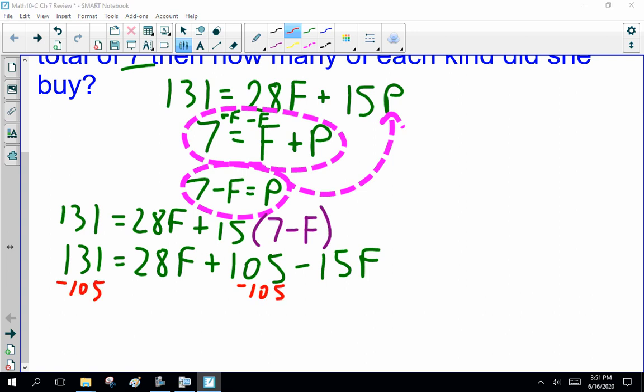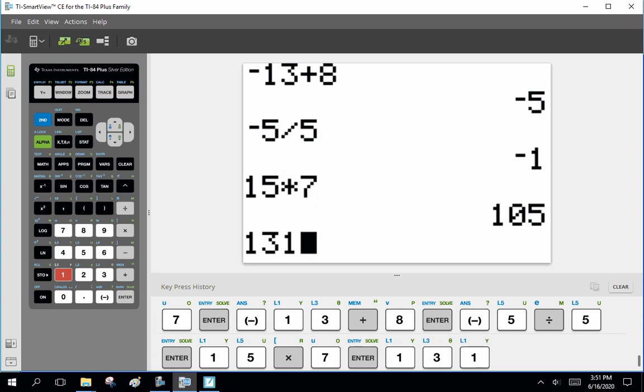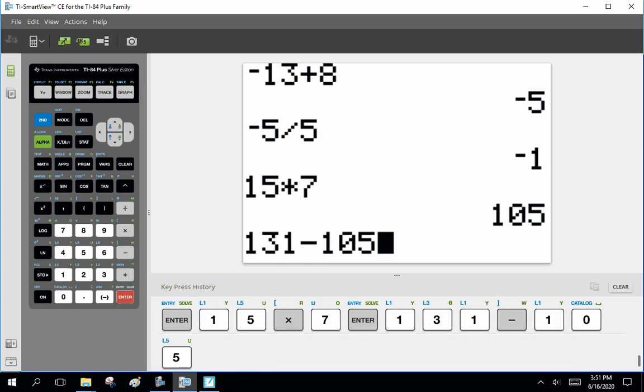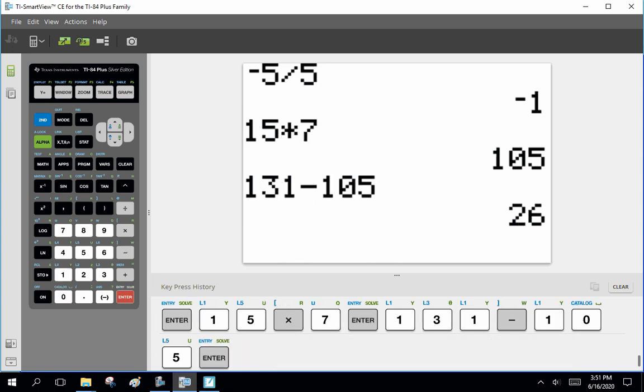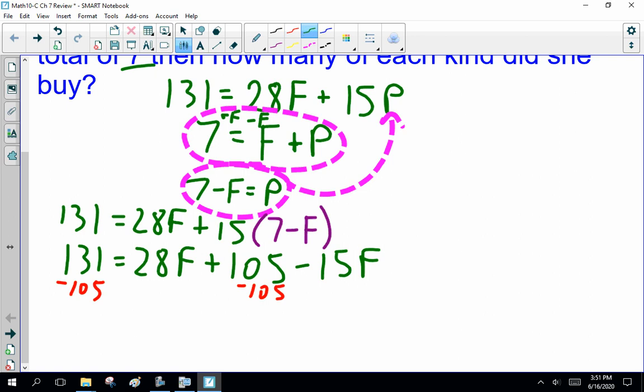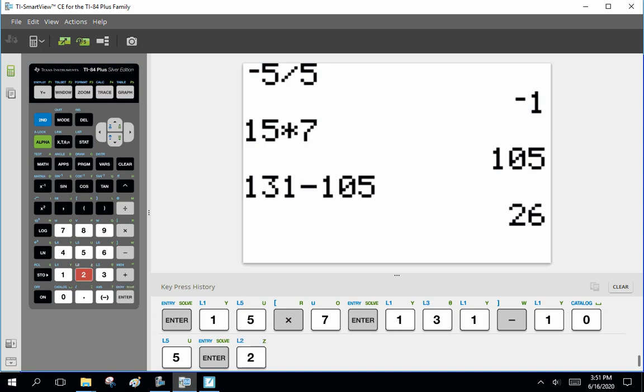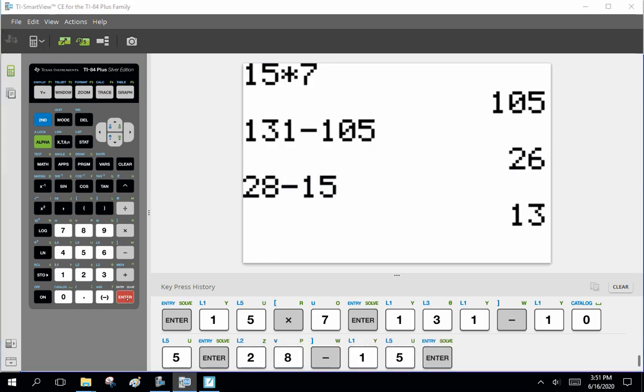So 131 minus 105 is 26. So 26, now what is 28 minus 15? 28 minus 15 is 13.